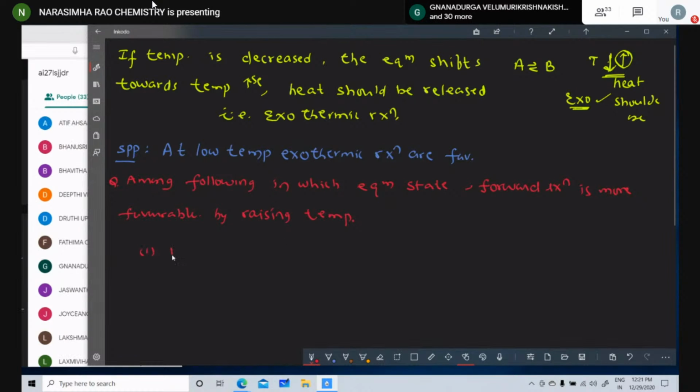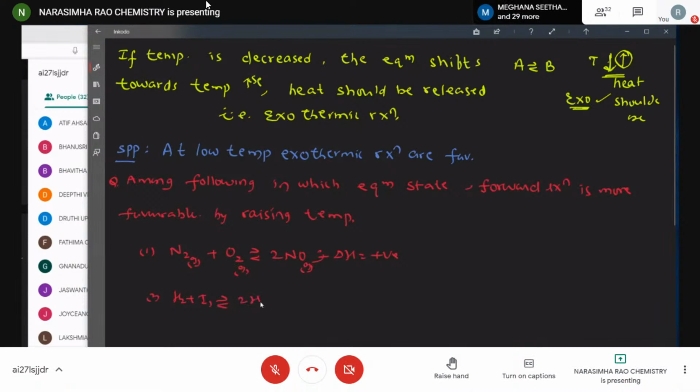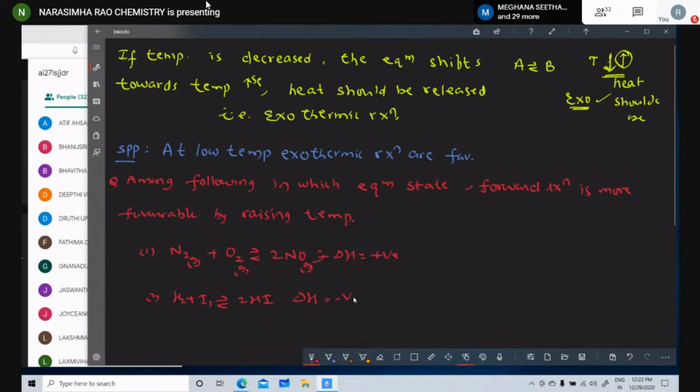First one, N2 gaseous plus O2 gaseous is equilibrium with 2NO gaseous. For this reaction, delta H is positive. Second one, H2 plus I2 is equilibrium with 2HI. Delta H is negative.